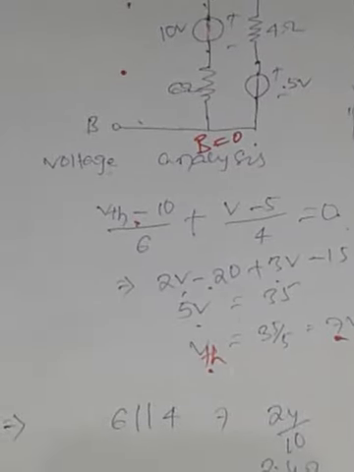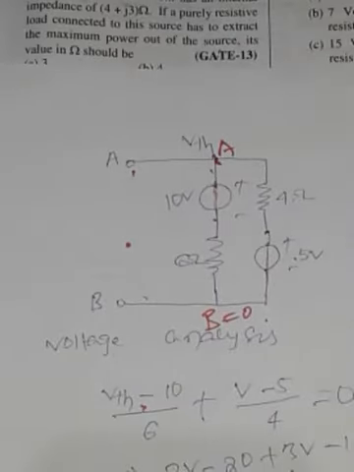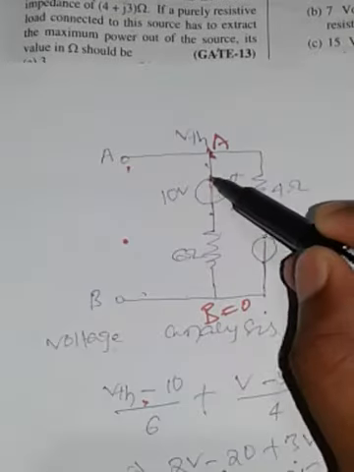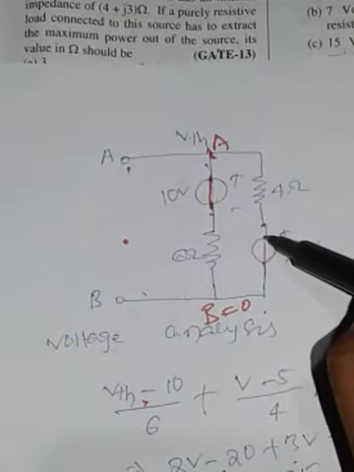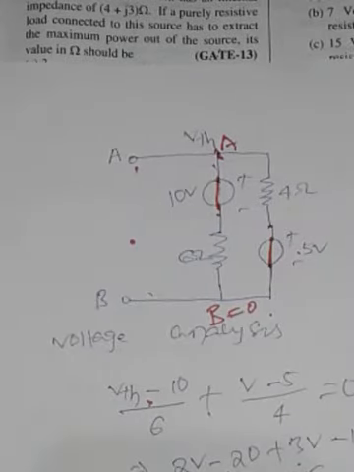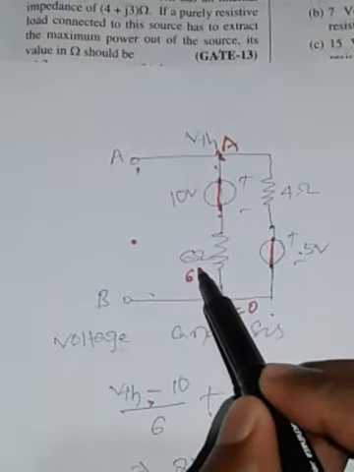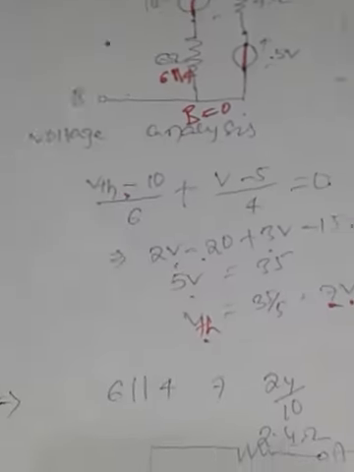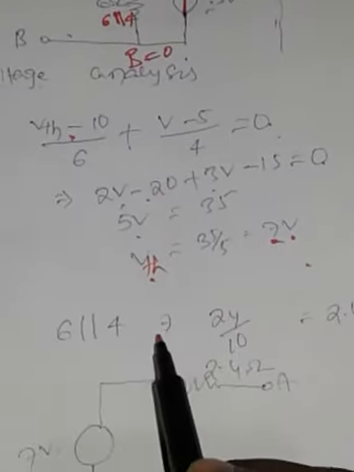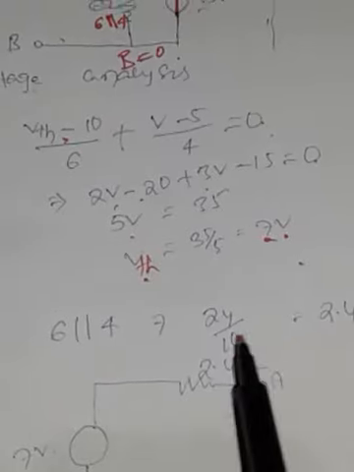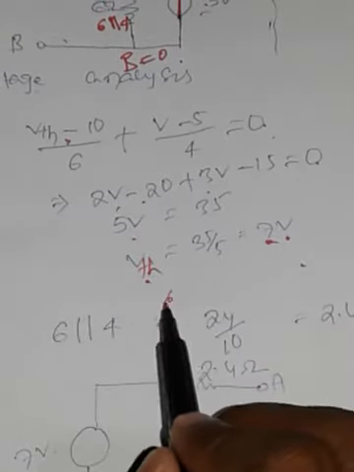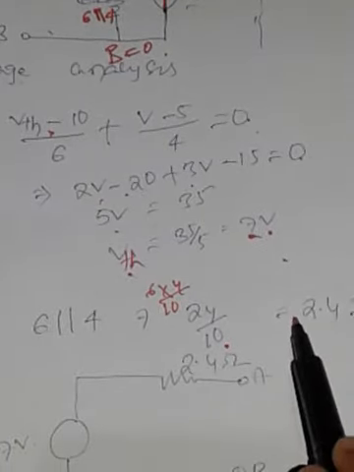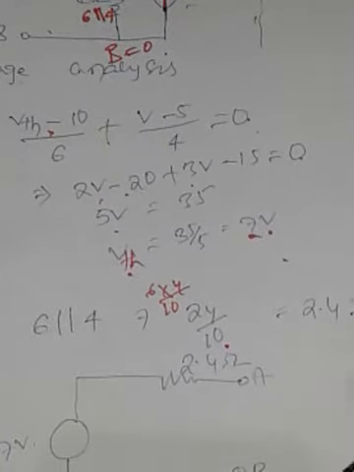Next we have to calculate the equivalent resistance. When calculating the equivalent resistance, the voltage sources are short circuited, so we get 6 parallel to 4. That is 6 into 4 by 10, which is 24 by 10, equal to 2.4 ohm.